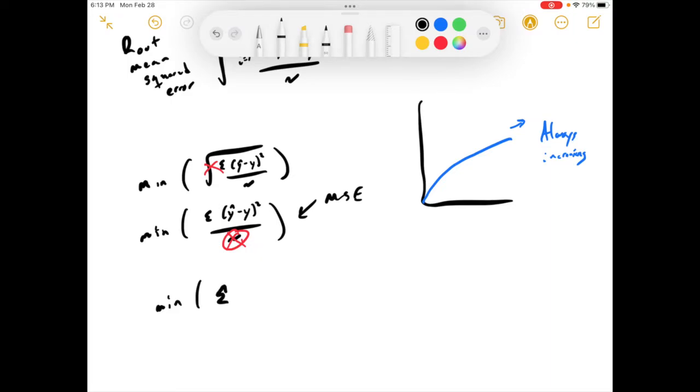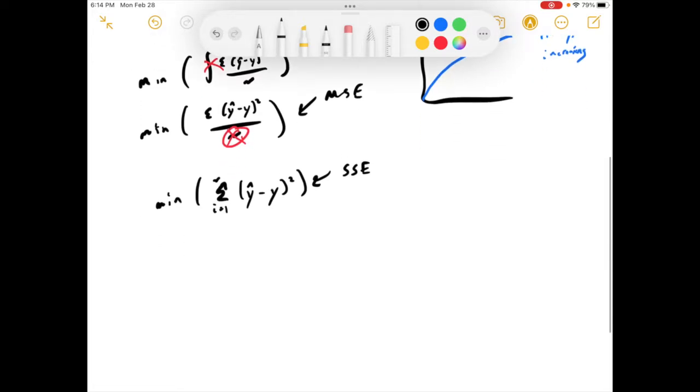So we really just need to minimize the sum of the squared errors. And that is why they call it least squares, because all we actually need to minimize is the squares.